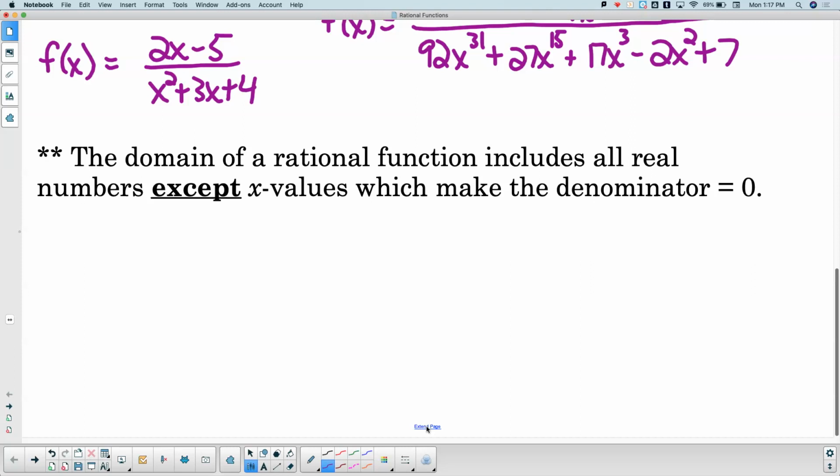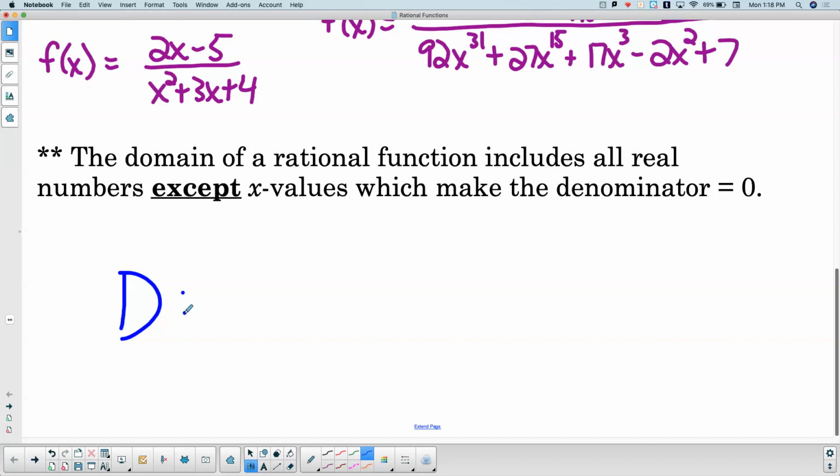Now, we're going to write the domain in a very specific way. I'm going to start with a capital D for domain, and then I'm going to put a colon.